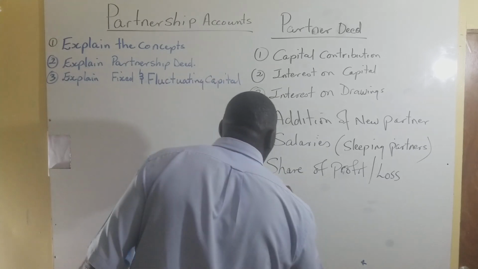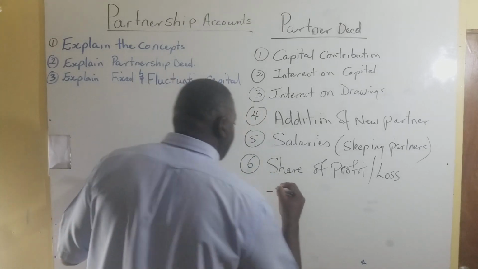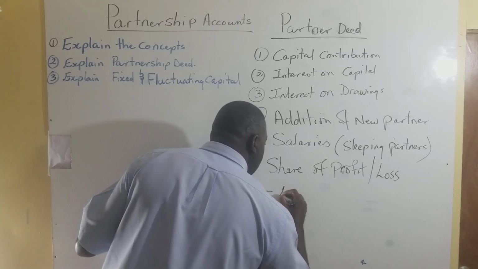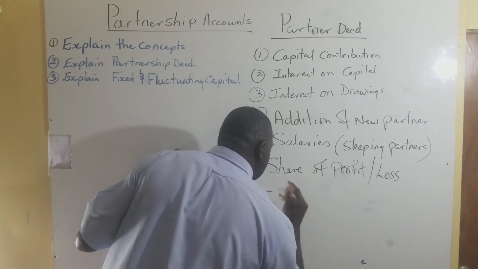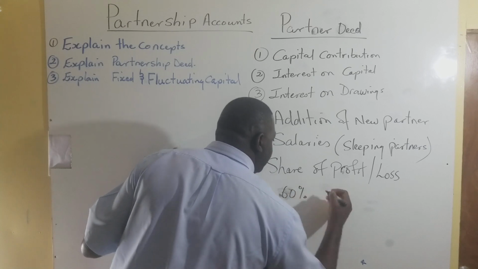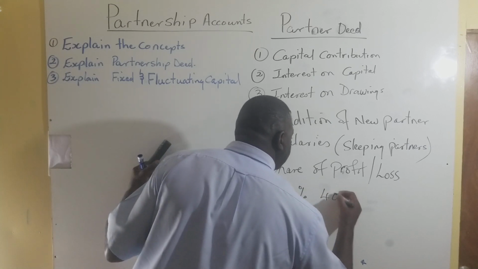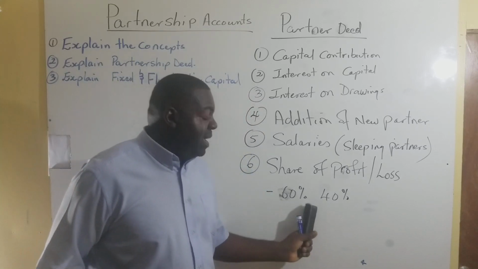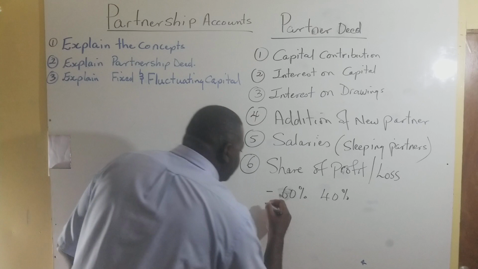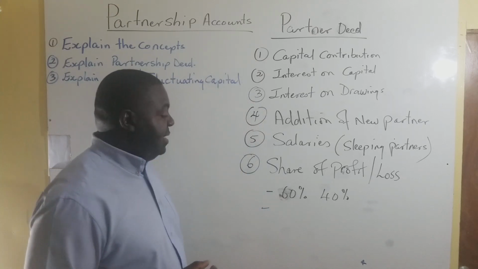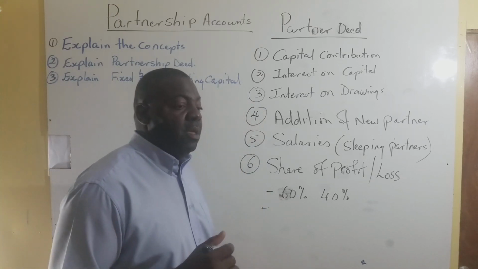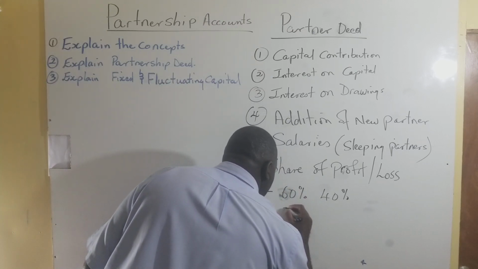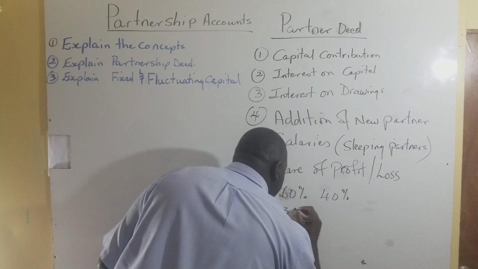Now, one method is that they may share the profit using percentage, right? So it may be 60% for one partner if it's two partners, and 40% for the other. So they are sharing profits based on percentage. But there's also the idea of sharing the profit using a ratio. So for example, they are sharing the profit in a ratio of 3 to 2.